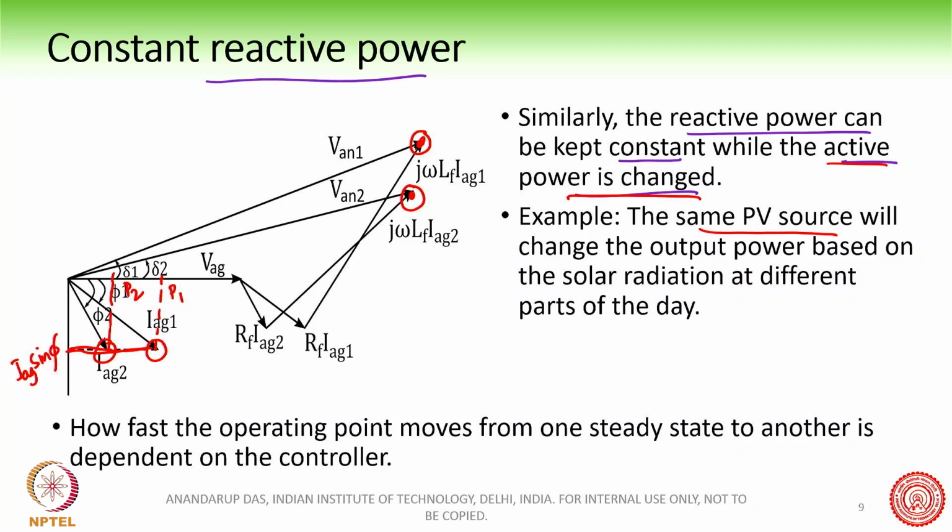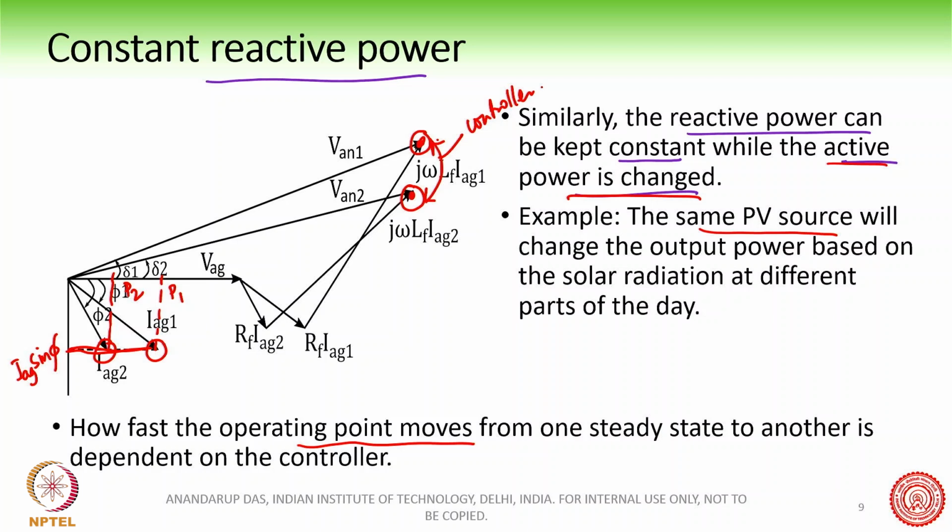That is how we can adjust the movement of the phasor. The question is how fast we move that operating point from one steady state to another, and that is dependent on the controller. So how fast we move from here to here is all dependent on the controller.